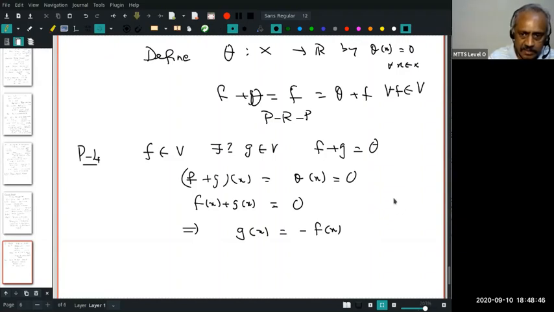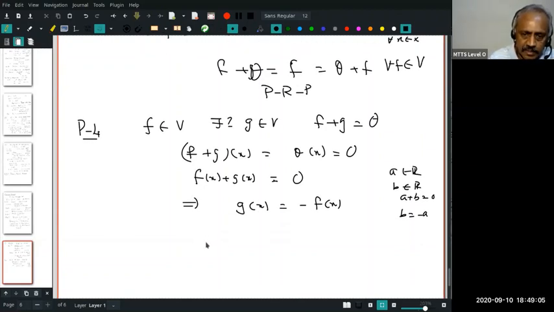You understand? For any real number a in R, we have a unique real number b so that a plus b is 0. This b is what we denote by minus a. Minus a is a notation for such a b. Therefore, minus f is a notation so that fx plus minus fx will be 0. You follow that?